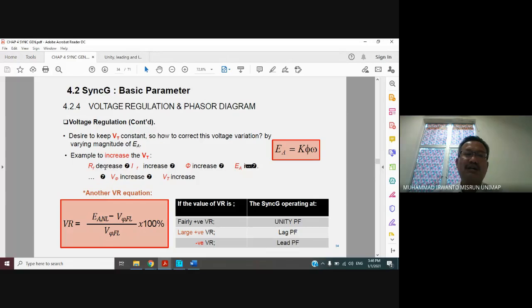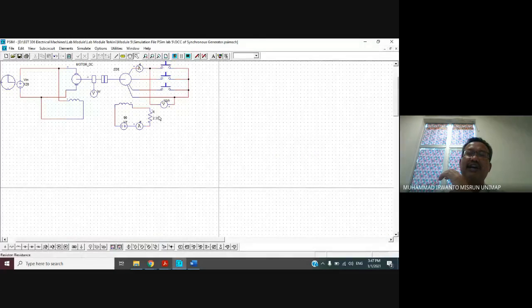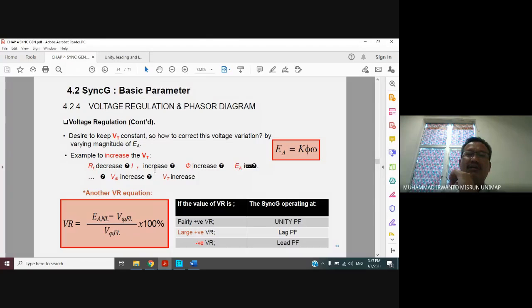So how can it be corrected? By decreasing RF, meaning we add an auxiliary resistance here, or automatically like a variable resistor, or by increasing IF.